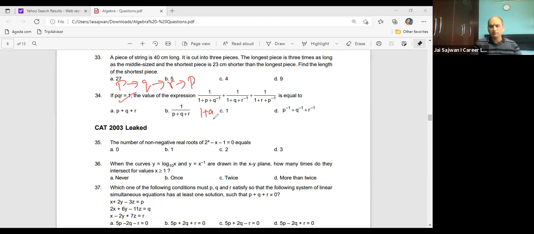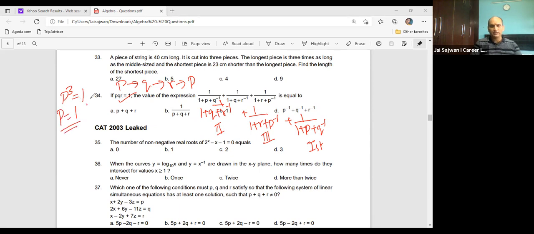This will also be the same. This is the first term. This is the third term. And this is the second term. All terms are coming there. So I'll say if all terms are coming there, I can put them equal. So P is equal to Q is equal to R, that is 1. So I can say P can be equal to 1.